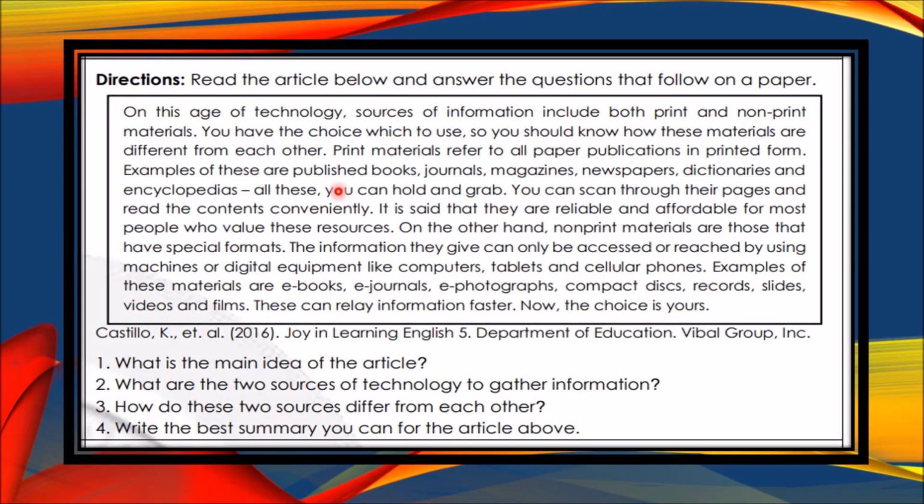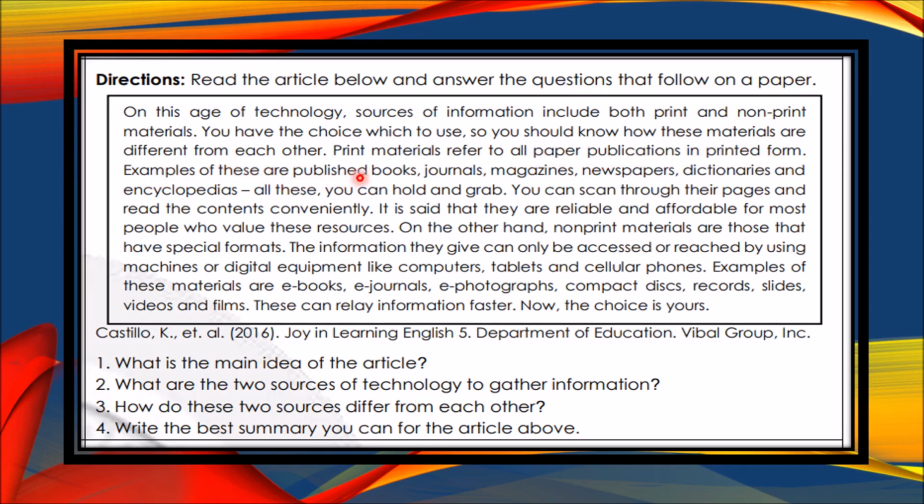Read the article below and answer the questions that follow on the paper. So, let us read this one. All together, let us read. In this age of technology, sources of information include both print and non-print materials. You have the choice which to use. So you should know how these materials are different from each other. Print materials refer to all paper publications in printed form.